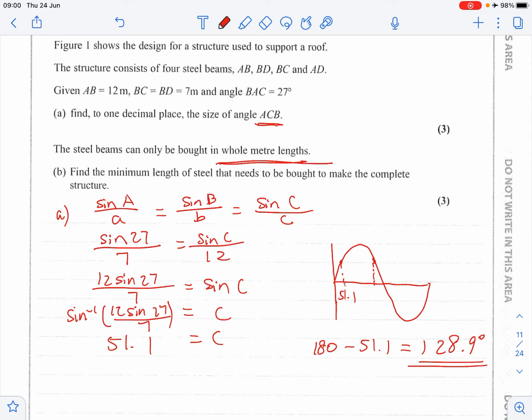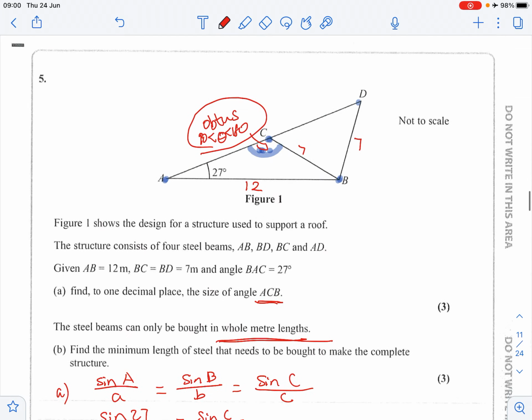The steel beams can be bought in whole meter lengths. Find the minimum length of steel needed to make the complete structure. So this means we need to find all the lengths. We already have this length here, AB, which is 12.